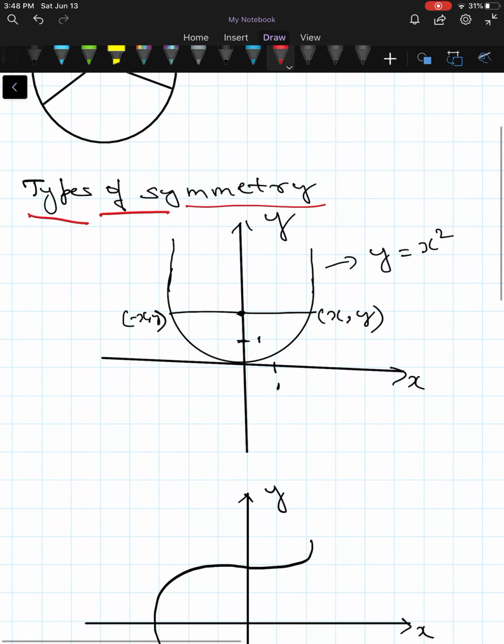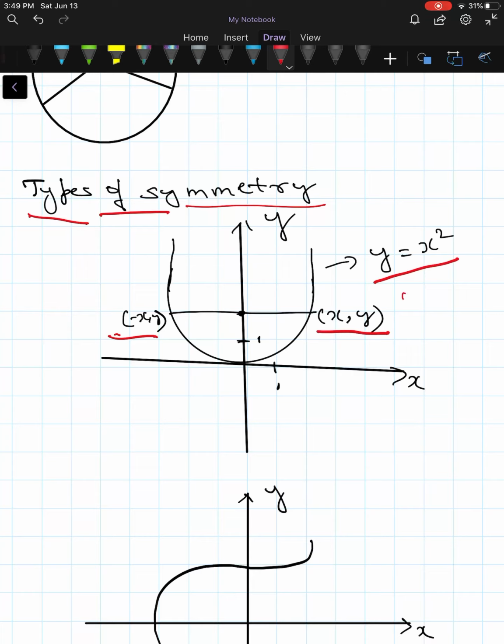First type is symmetric with respect to the y-axis. You can see here, if (x, y) is on the graph, (-x, y) is also on the graph. That is, if (x, y) satisfies the equation y = x², then (-x, y) also satisfies y = x².